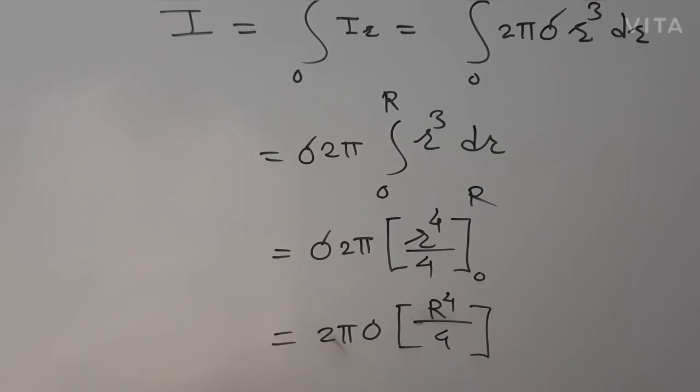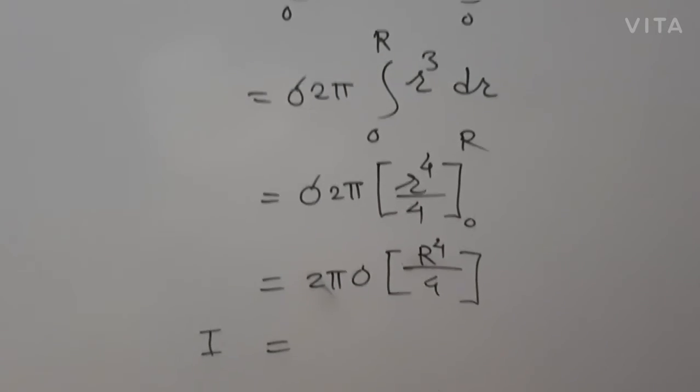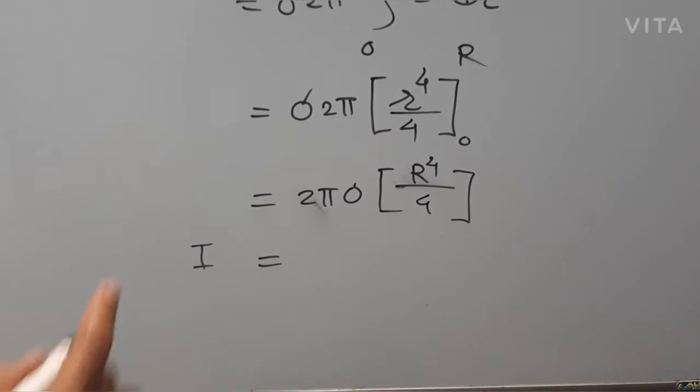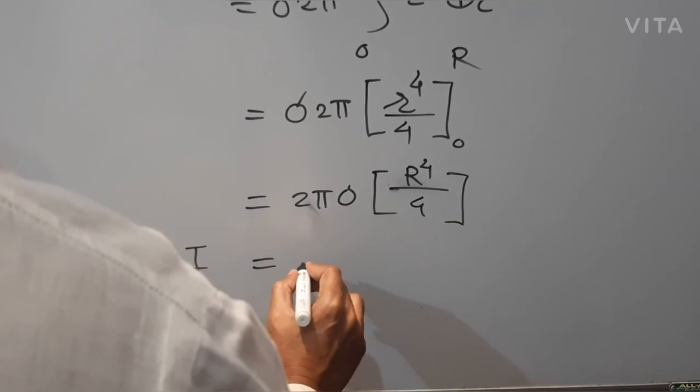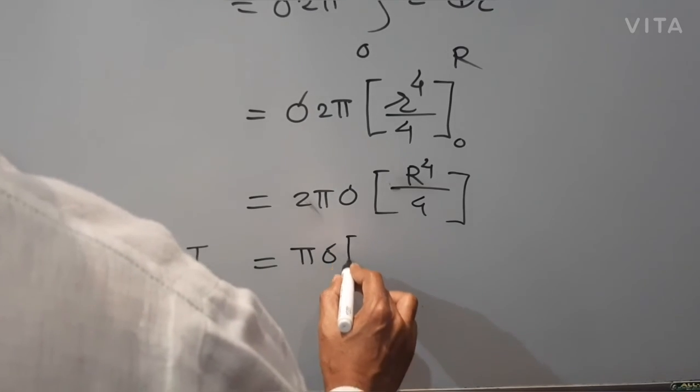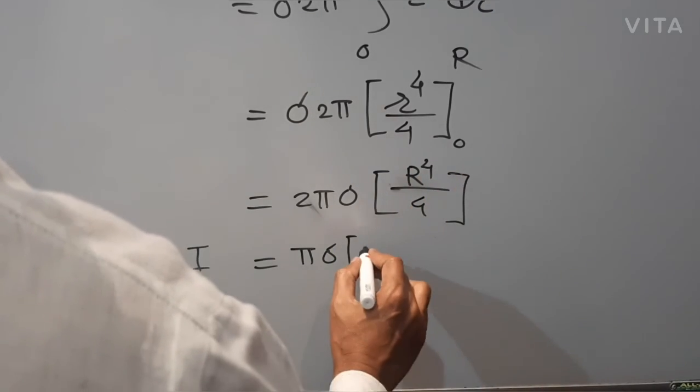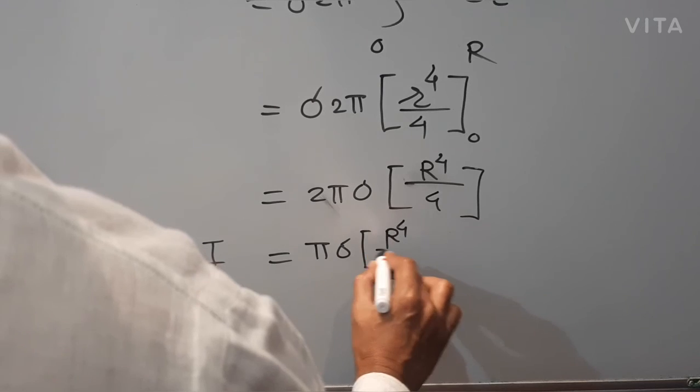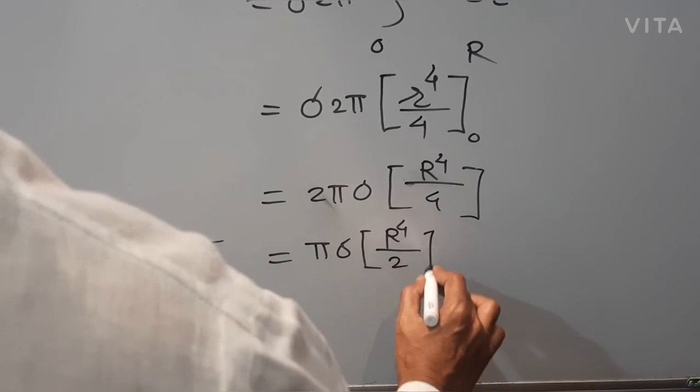It is equal to pi into sigma into bracket R raised to 4 divided by 2.